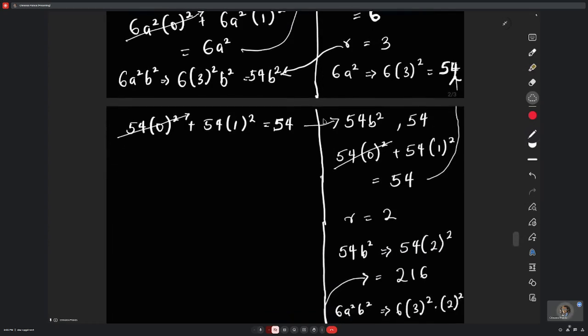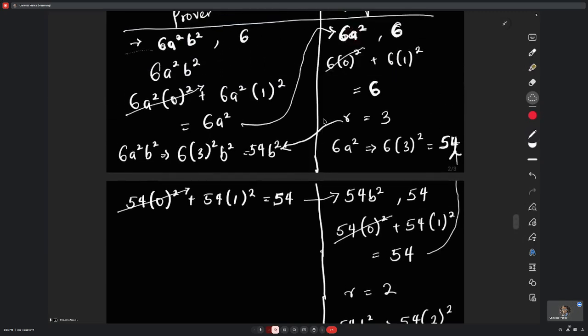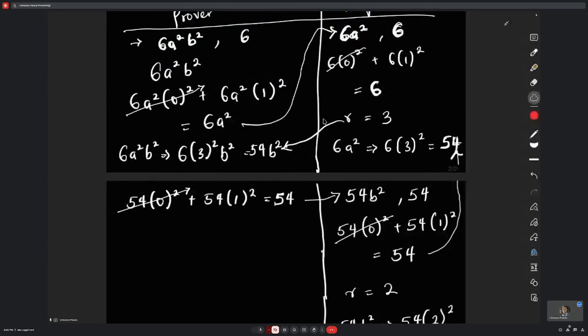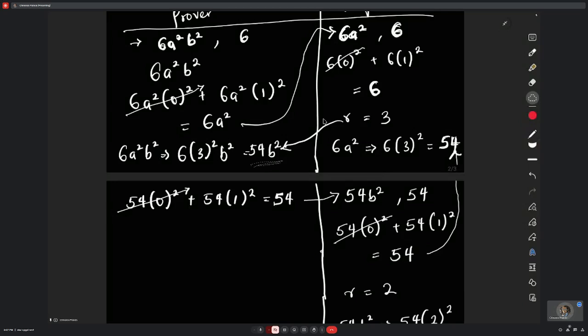The verifier then sends r to the prover, and the prover evaluates the original polynomial at r to get 54b squared. The verifier evaluates the univariate polynomial at r equal to 3 in order to get the claimed sum of the next round.